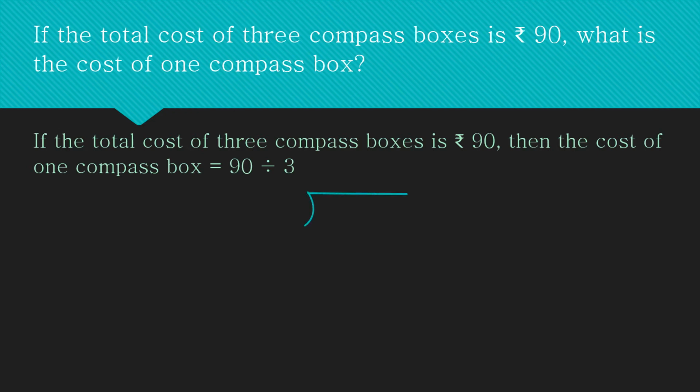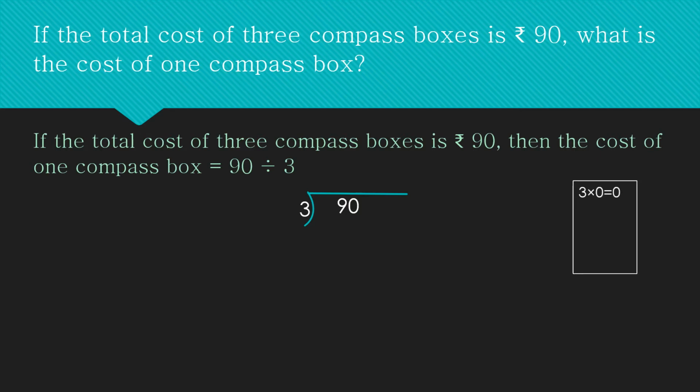So we will draw a curved line and a slipping line. We will write 90 below the slipping line and 3 in the curved line. As we are dividing by 3, we will write 3 times tables till we get digit 9 in the product.